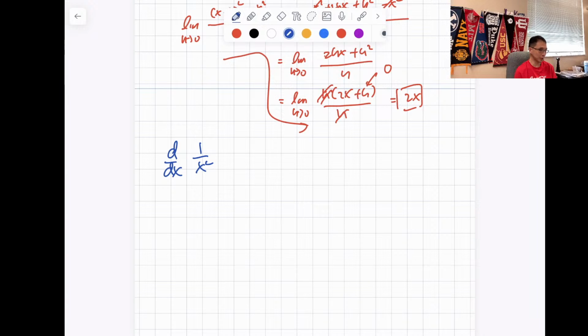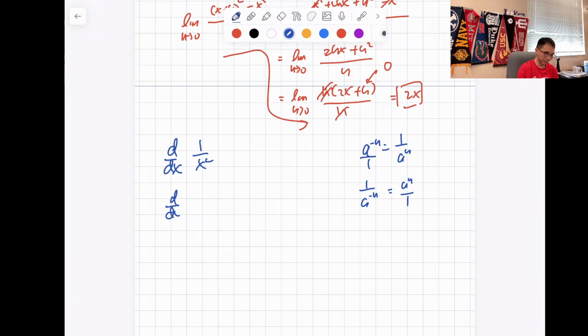And here's the 2 birds, 1 stone. You can actually know all the exponent rules. Let's say a to the negative n is equal to 1 over a to the n, or 1 over a to the negative n is equal to a to the n over 1. This is called the negative exponent rule, right? We learned that in Algebra 1. Can I take a derivative of 1 over x squared as of right now? No. What do I have to do? Bring it to the top.